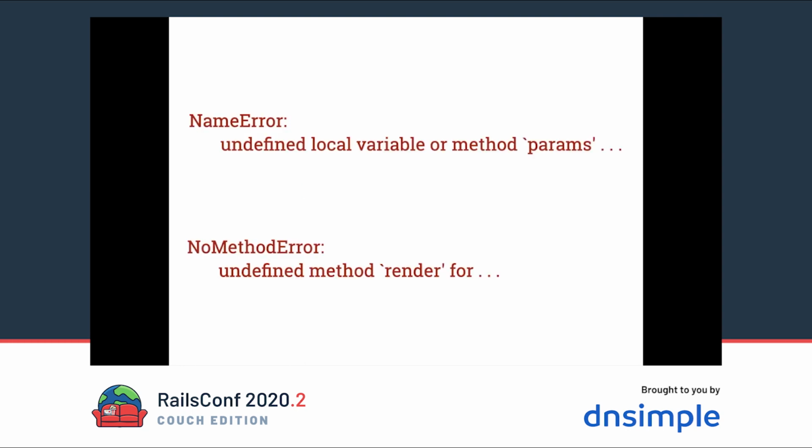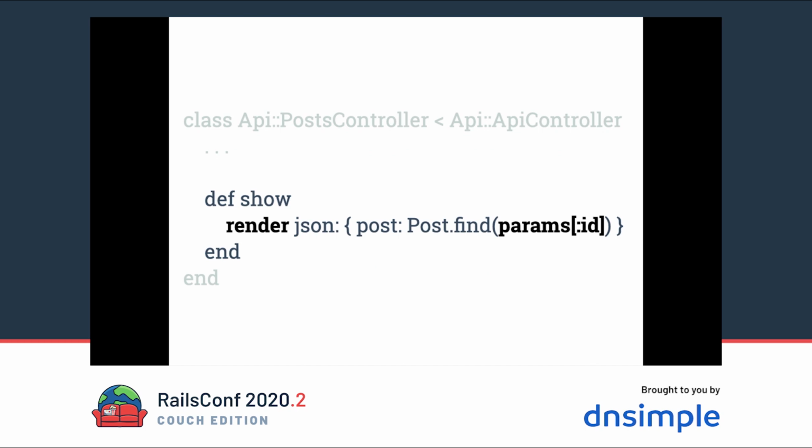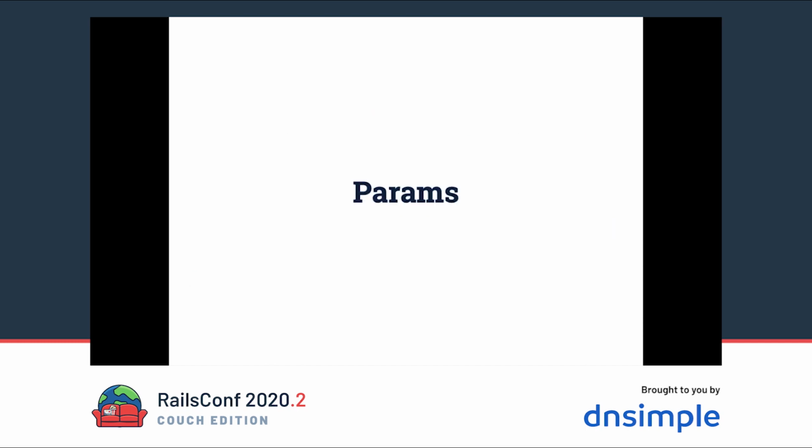Here are two from the API controller, both undefined, one for params and one for render. Both are due to the fact that our controllers reference params and render, but our base classes don't have an implementation of either. We'll start with implementing params.